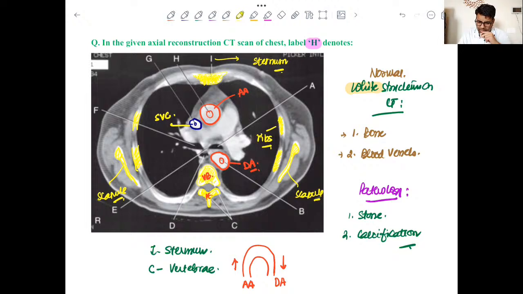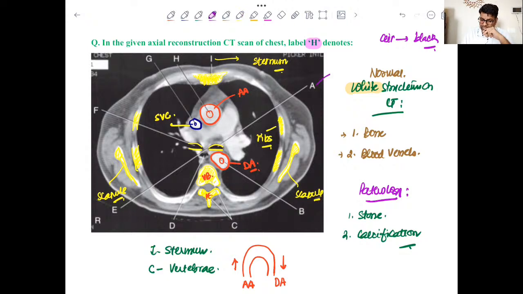Now the blood is appearing whiter and air appears black. This is also one thing you should understand. Here in this image, you can see there are black shadows as well, right? These black shadows are actually the left main bronchus and the right main bronchus.